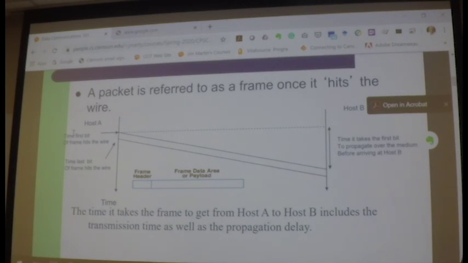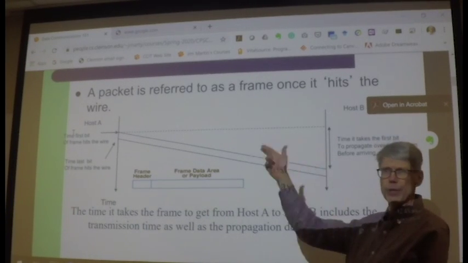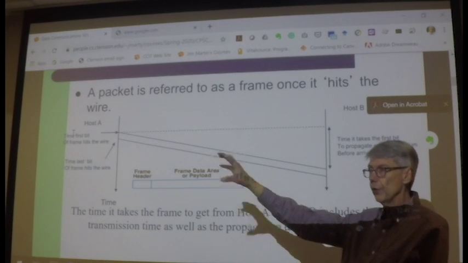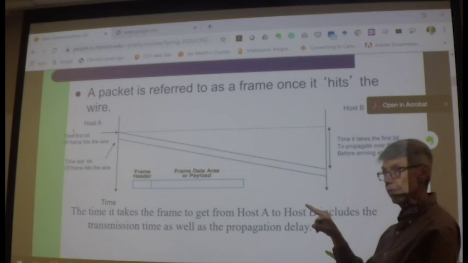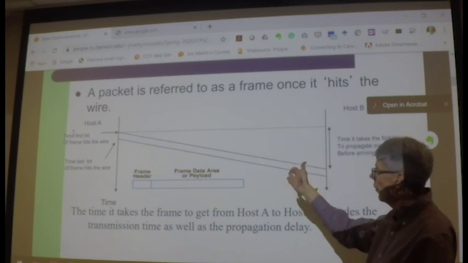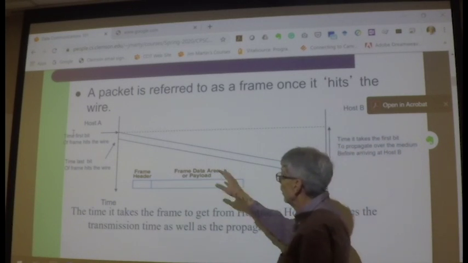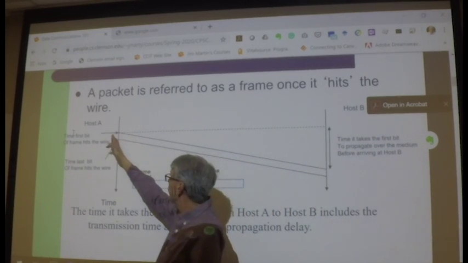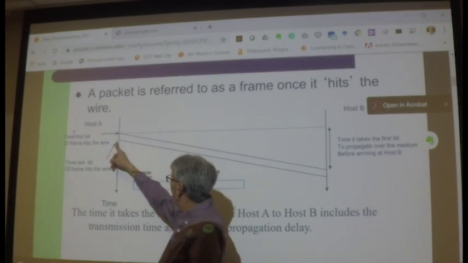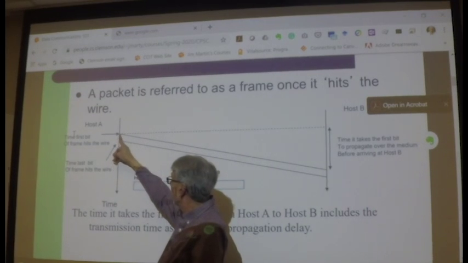Okay, so I think I've drawn a picture or two that shows a sender and a receiver and an arrow representing a packet or a message being transmitted. This is a bit more detail here. At the host, we'll say this is T0, and then this is T1.